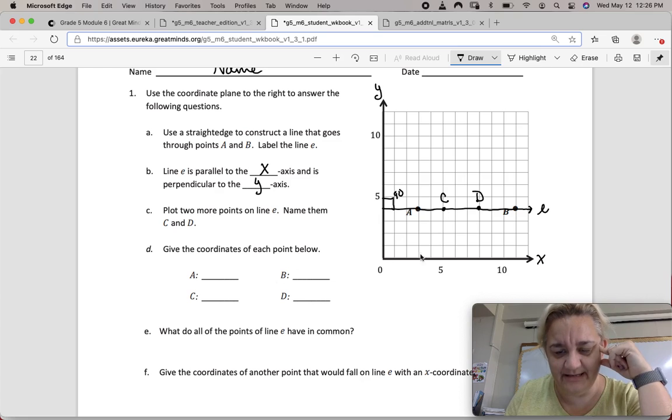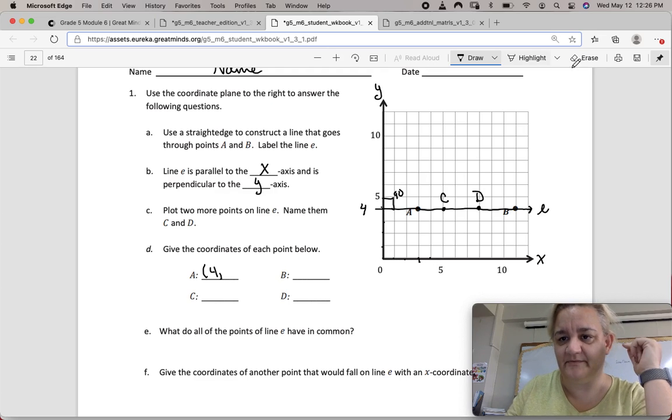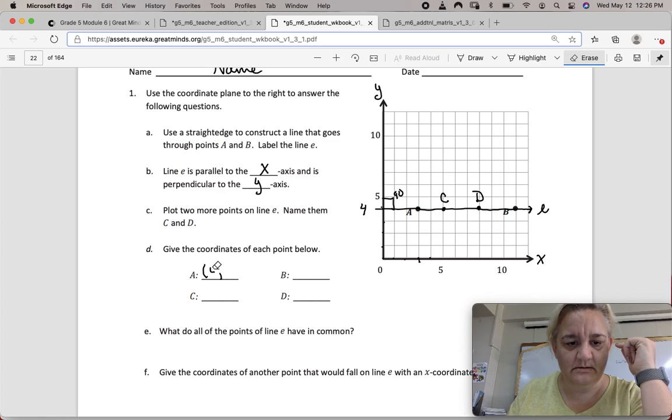So A is 1, 2, 3, 4. So this is 4. Remember, parentheses, the x-coordinate, comma, and the y-coordinate, which is 0, 1, 2, 3, 4. So this is 4 here. So the point is (4, 4), and then your other parenthesis.